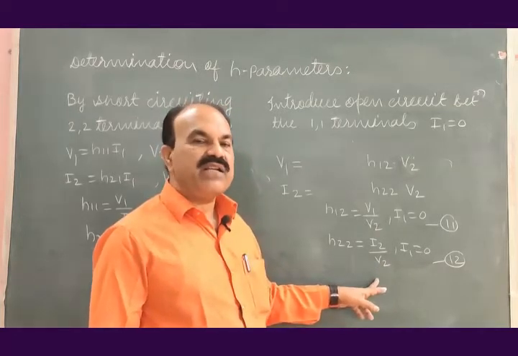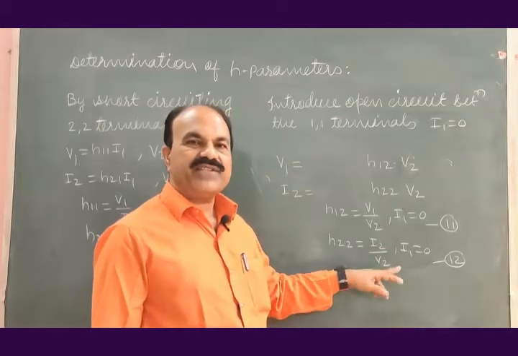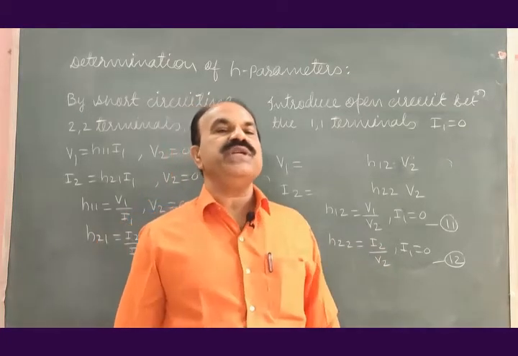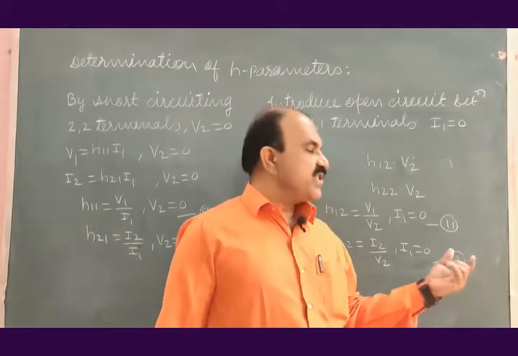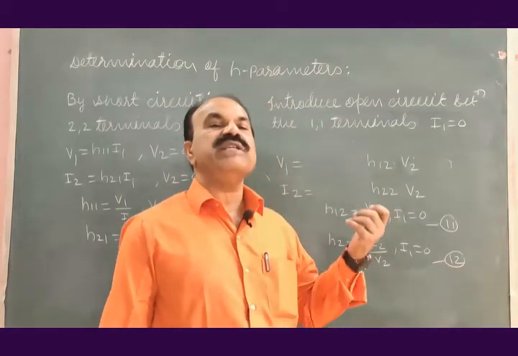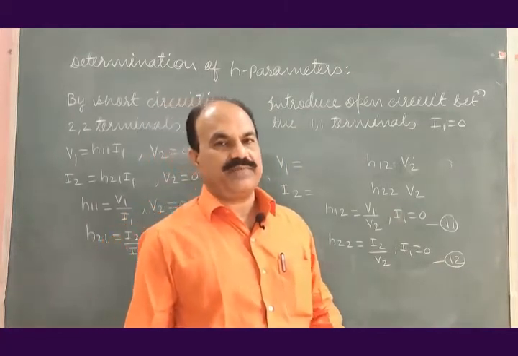Why output admittance? Ratio of output terminal quantities. So H22 is known as the open circuit output admittance of the two-port network.